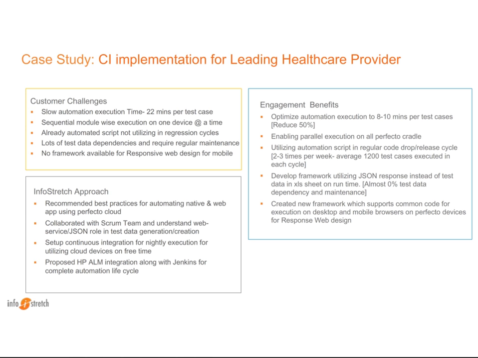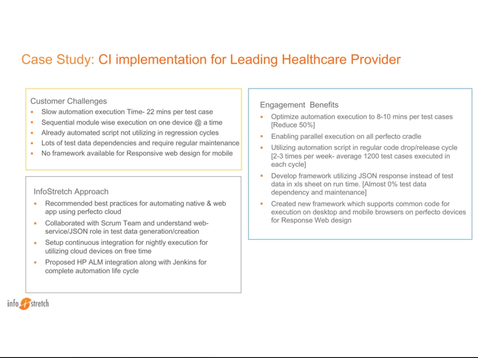Lots of test data dependencies, and the scripts automated were already utilized in regression cycles, and no framework. There was no framework established. So for iOS or Android, I didn't have a single framework which would enable me to port my scripts to both the platforms.